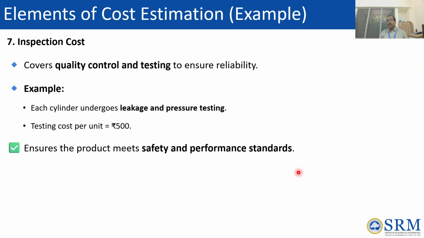It's a more sensitive component. If any leakage is there, it won't serve the purpose. It may lead to big accidents, so each and every hydraulic cylinder should go for leakage and pressure testing. For each unit we need 500 rupees. This ensures the product meets safety and performance standards, and for that we need to spend some money.